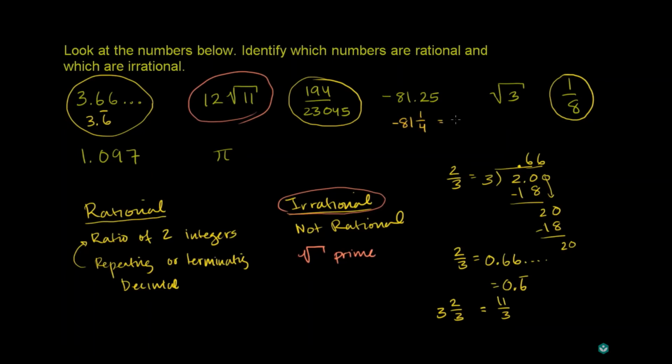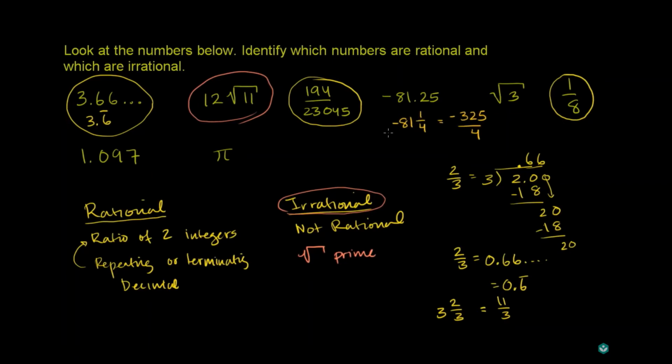So it's negative 325 over 4. If that confused you, that I multiplied and then I had a negative 1, remember, this negative applies to everything here. It's negative 81 plus negative 1/4, is how you should think about it. Or you could just think of it, how would I convert 81 and 1/4? 4 times 81 is 324, plus 1 is 325, and then you have a negative out front.